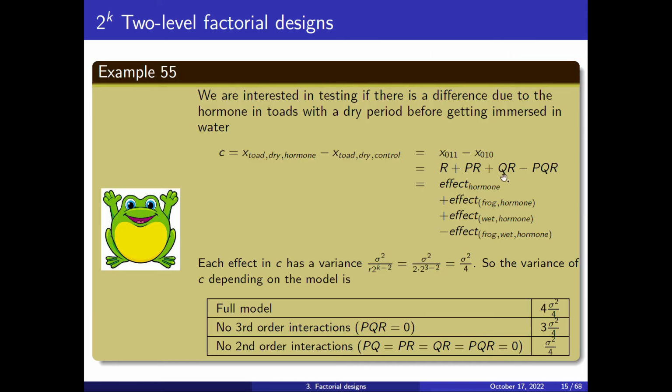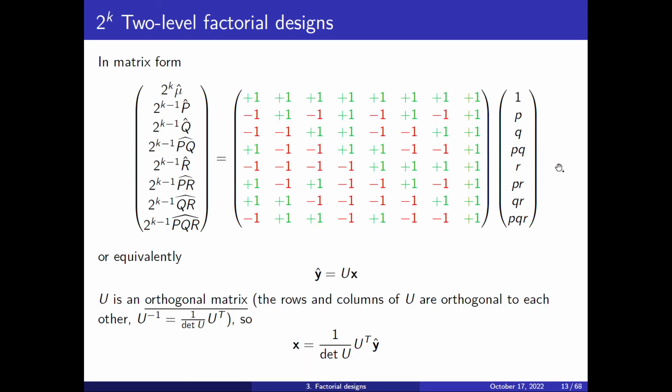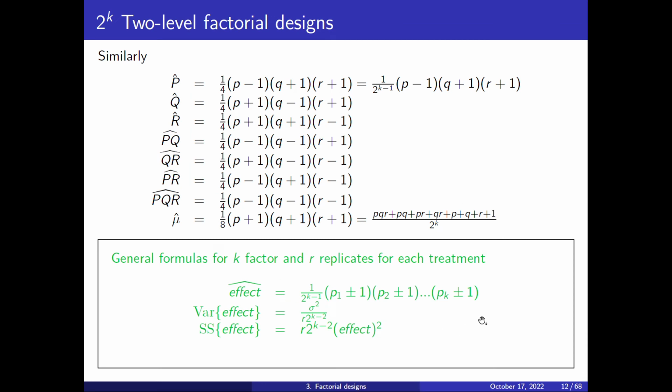It is this. So it is the effect of the hormone, this is R. The effect of the hormone on frogs, this is PR. The effect of the hormone on wet animals, this is QR, minus the effect of the hormone on wet frogs, this is PQR. And each one of these estimates, we learned how to calculate those estimates.